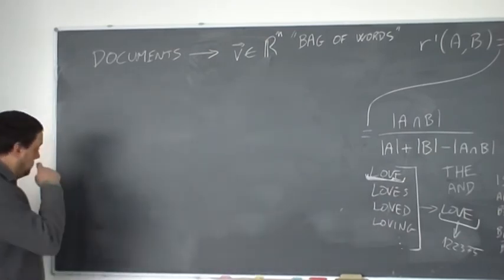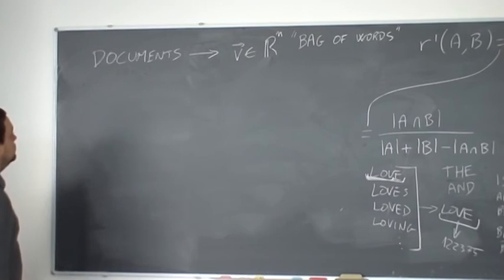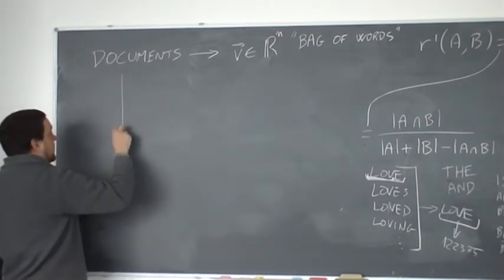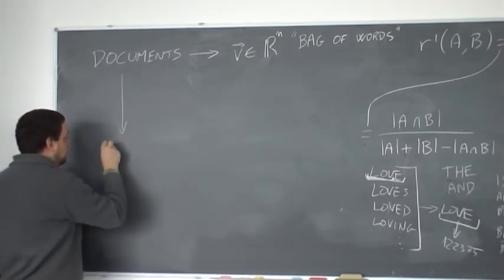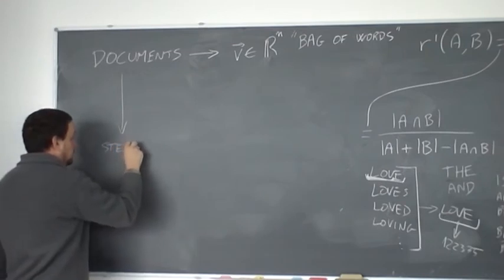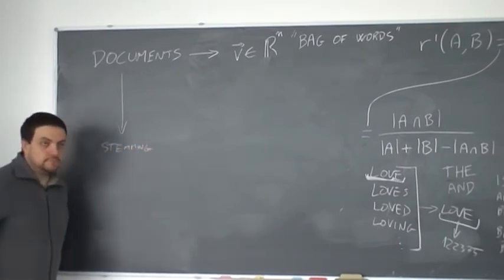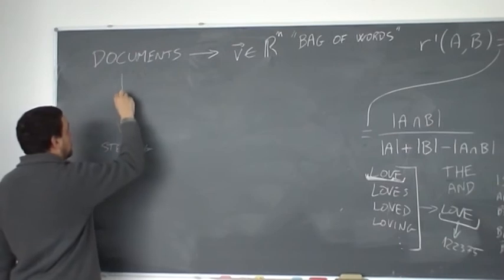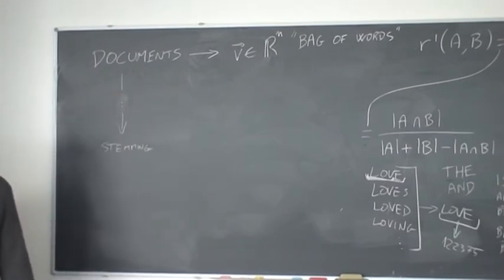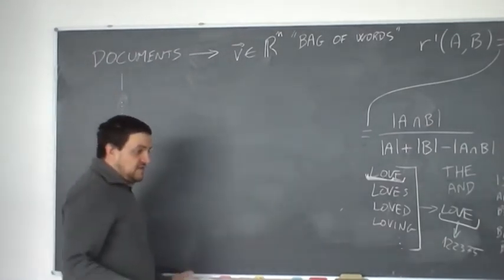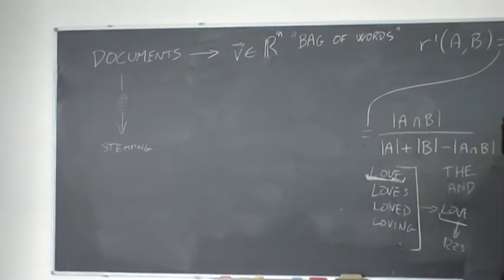So suppose that we do all steps up to stemming. Okay, all steps that we have seen before. After stemming, we have a list of terms that appear in the document.